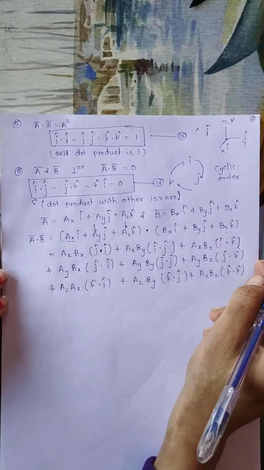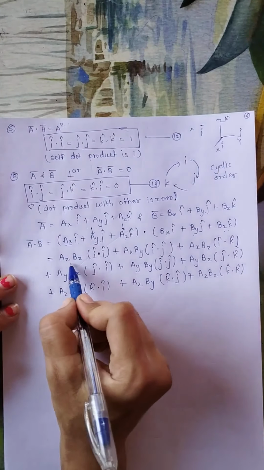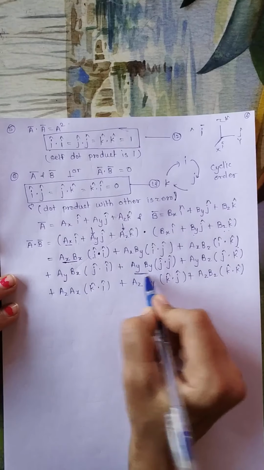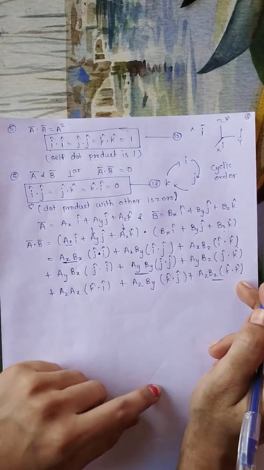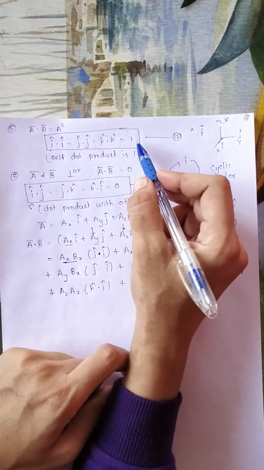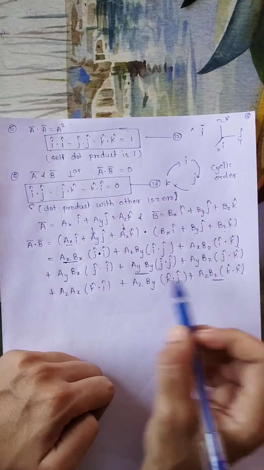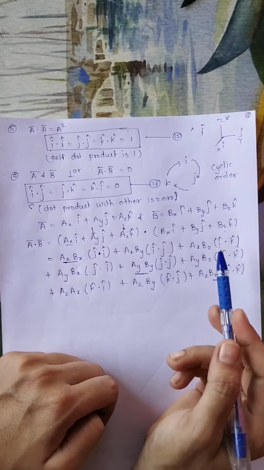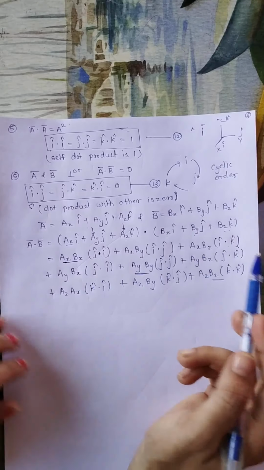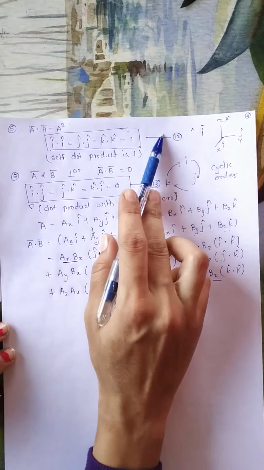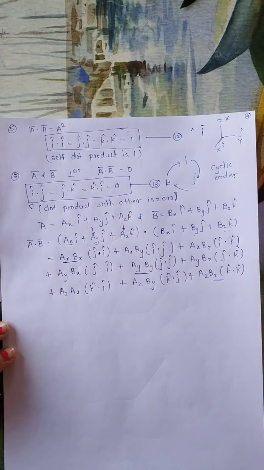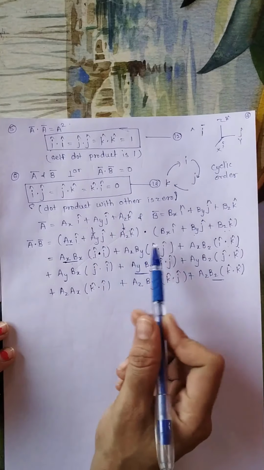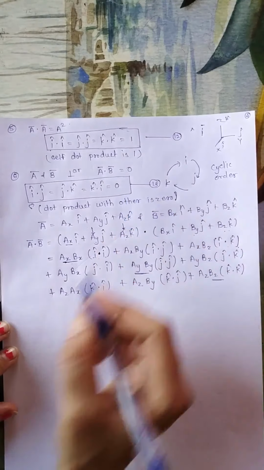Now here if you observe this term and this term contain self dot product which is 1, and other than these three terms, each term contains dot product of one vector with another which is 0. So by using equation 12 and equation number 13, we will get only three terms as non-zero and other terms will become 0 according to this equation.